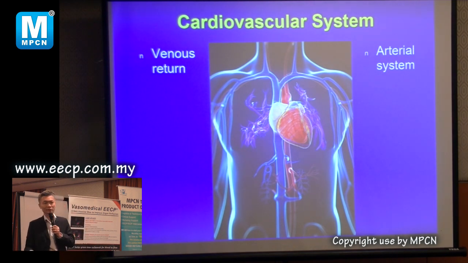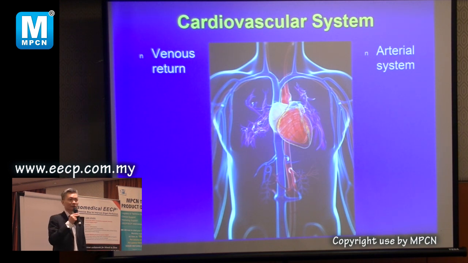Okay, this one is also very important. Before this machine was invented, they had another treatment called IABP. You heard of IABP? Intra-aortic balloon pump. This is a machine that we still use.